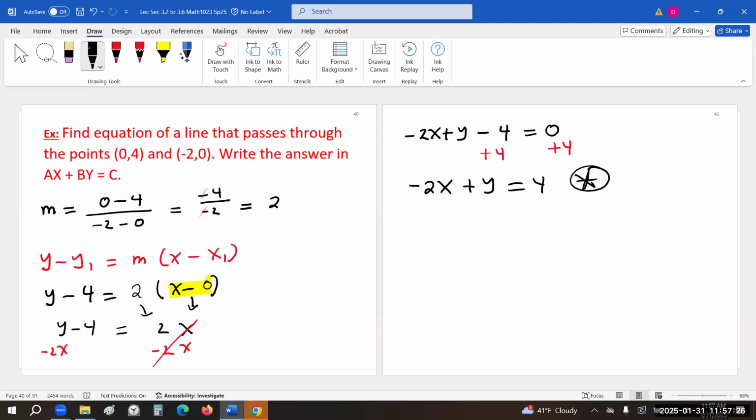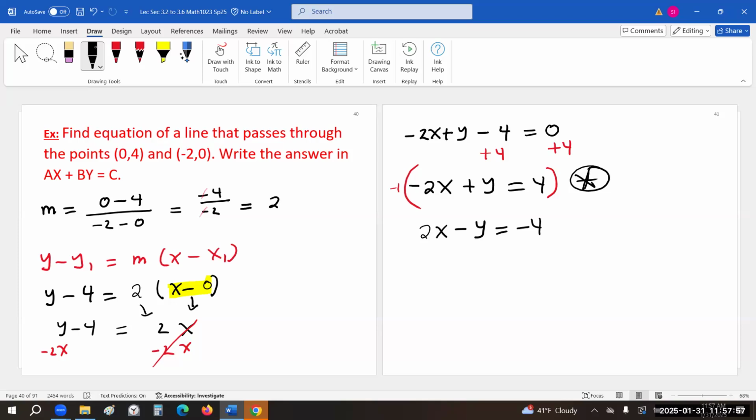We can move it to the other side or simply multiply the entire equation by -1. And now you're happy that -2x turned into +2x. Well, in this process, the rest of them becomes negative. But we don't care, because usually we want to start our day with something positive.